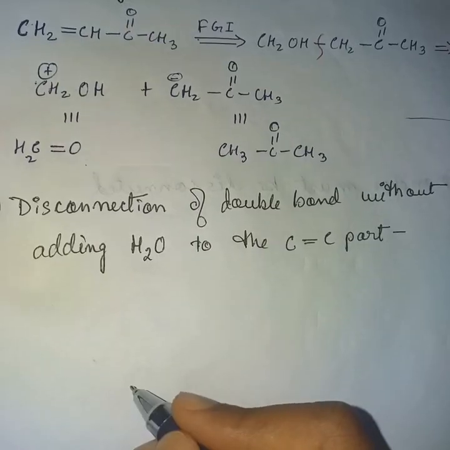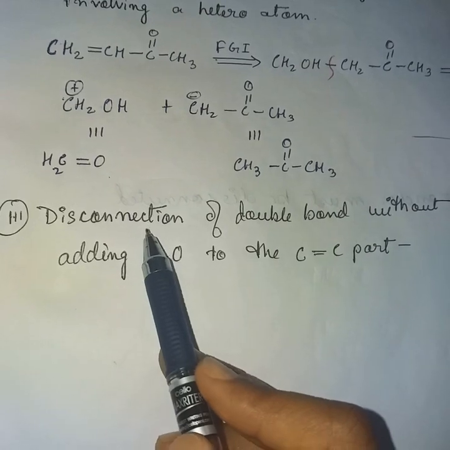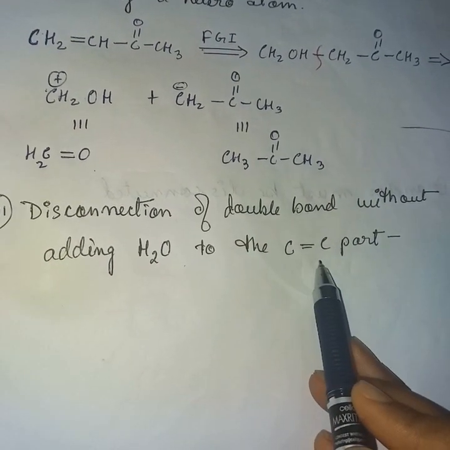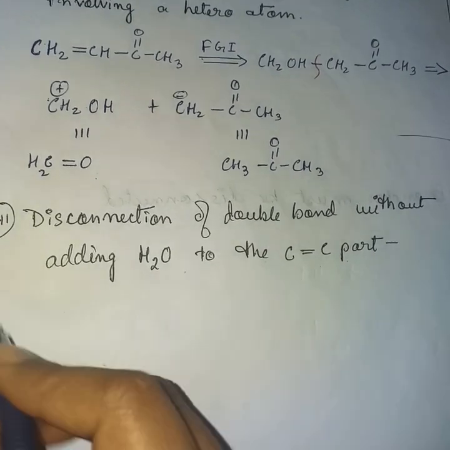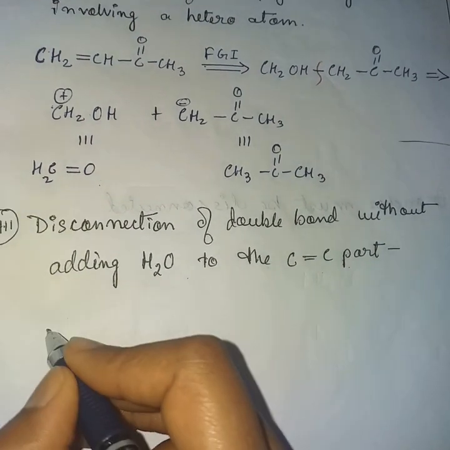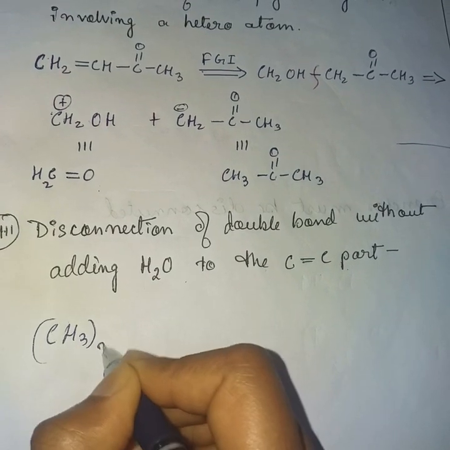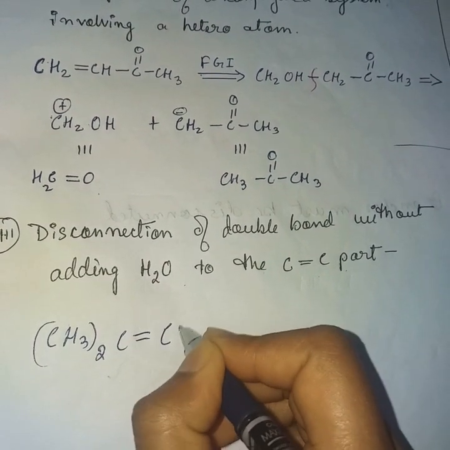Okay, so the third rule is the disconnection of a double bond without adding water to the carbon-carbon double bond part. Directly we will disconnect the carbon-carbon double bond. For the example here, we have taken this compound.